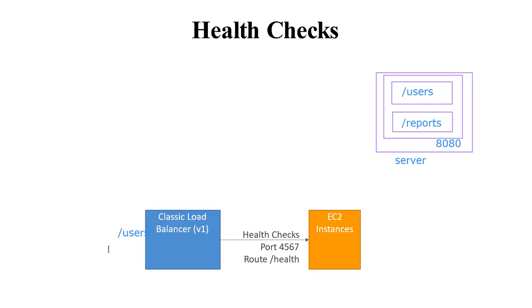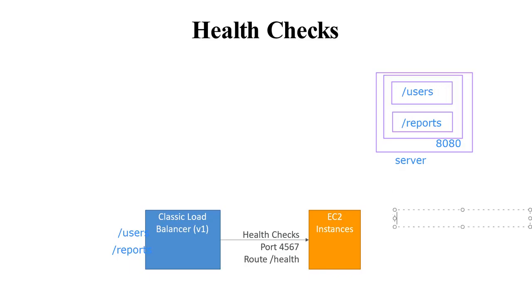And if the load balancer receives /reports, then it has to route to the reports application on that service. The IP address and port number are the same, but on the basis of the application route path or context path, just try to understand the keyword, route path, this is a route path, /users.